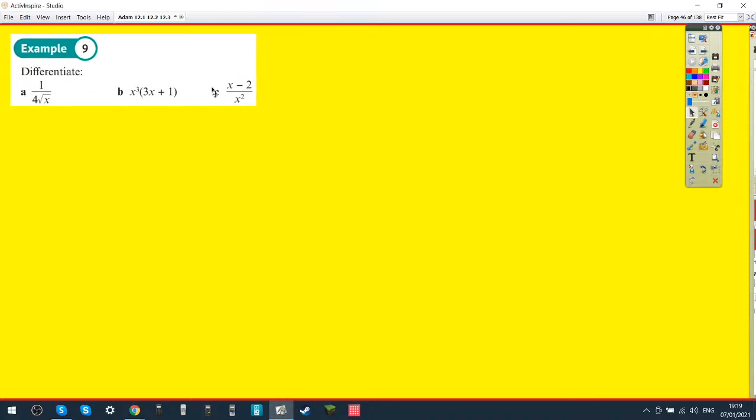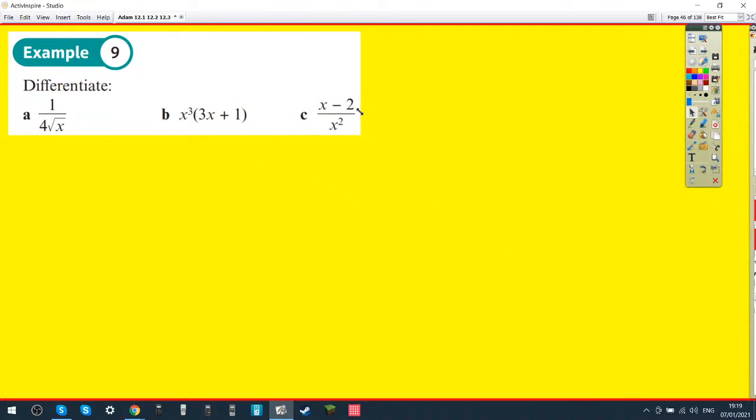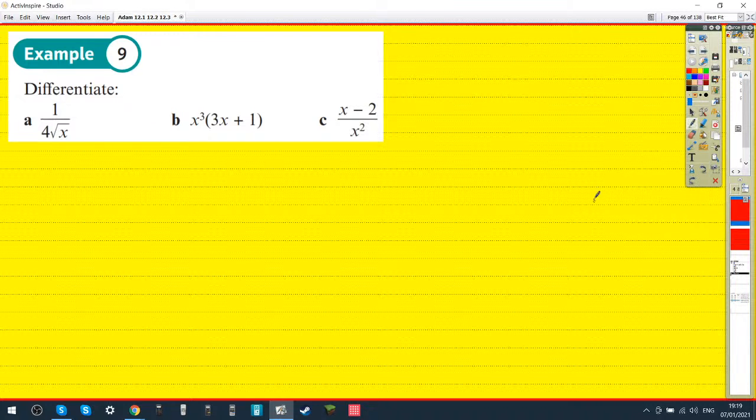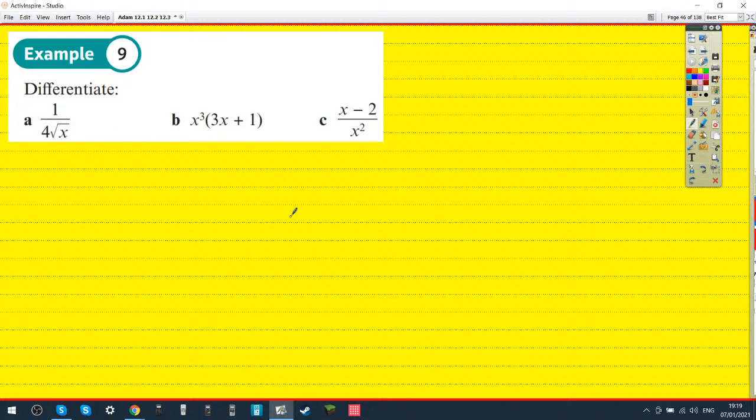How do we do these? So for the first one, can we turn the square root into, is it a half?